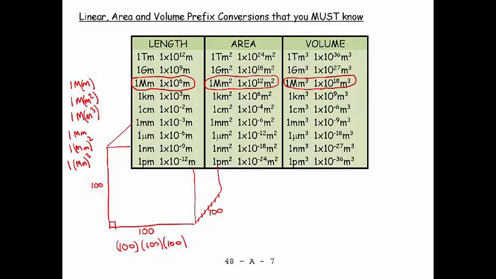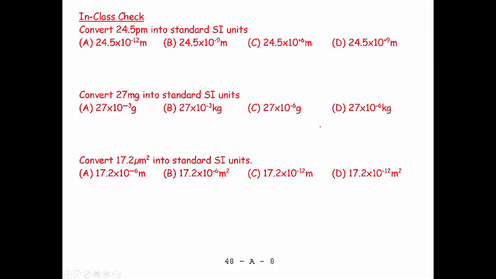And by the same token, 1 micrometer is 1 times 10 to the minus 6 meters. 1 micrometer squared is 1 times 10 to the minus 12 meters squared. And 1 micrometer cubed is 1 times 10 to the minus 18 meters cubed. So it's not impossible, it's quite logical, but if you're not thinking about it, it's easy to make a mistake on it. Best thing to do is practice.